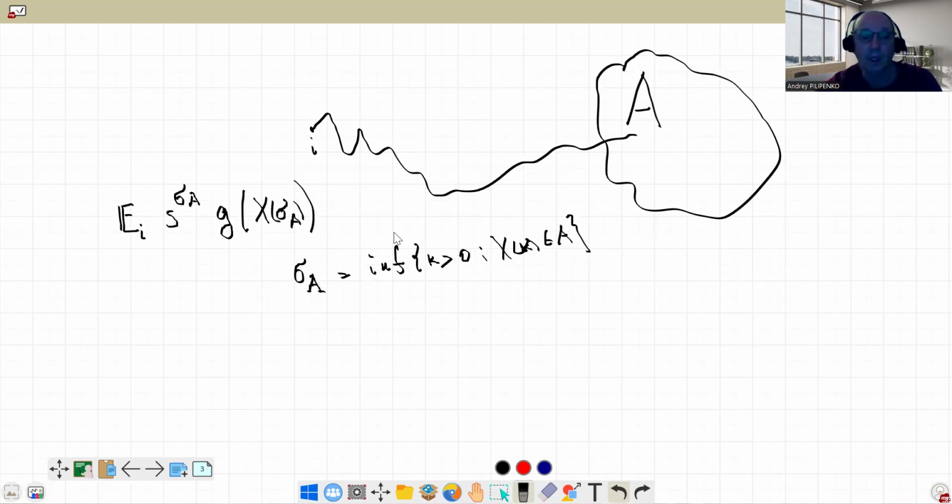So what does it mean? You walk until you hit this set, and then you calculate this expectation.